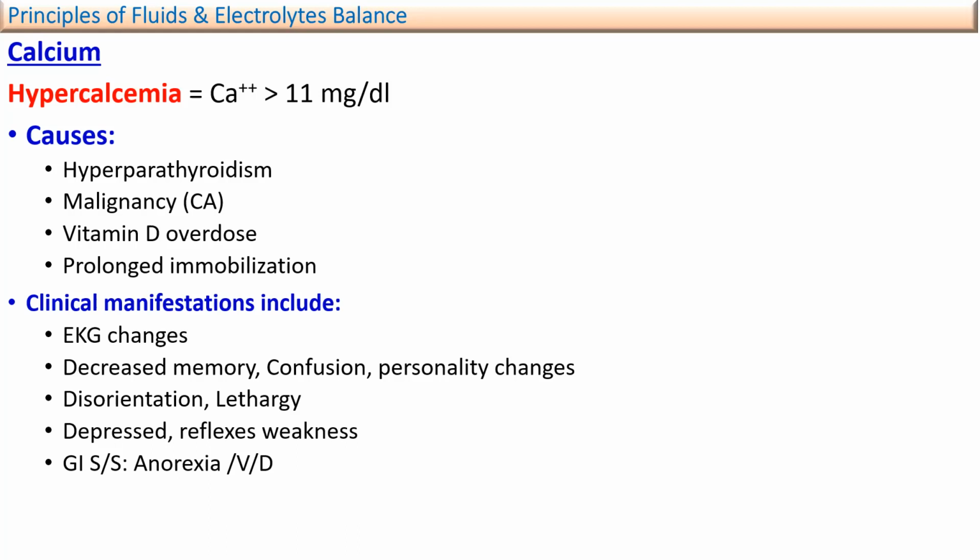Also, hypercalcemia can lead to calcium accumulation in the kidneys mostly, and that accumulation can result in kidney stones. So renal stones are one of the main complications that could result from hypercalcemia.